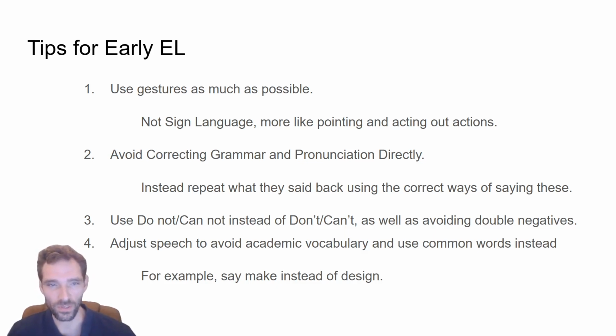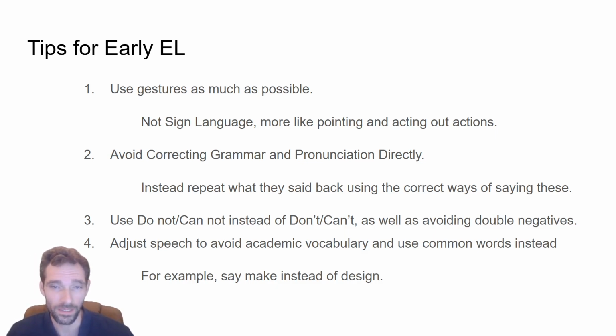Also, if you're just trying to avoid correcting their grammar or pronunciation directly, that is really good for early English language learners. So if they say something like, "and dog," you can say, "a dog," when you're repeating back what they said.